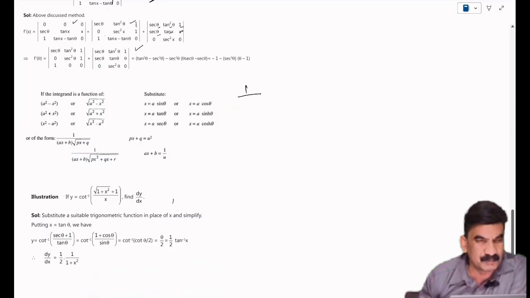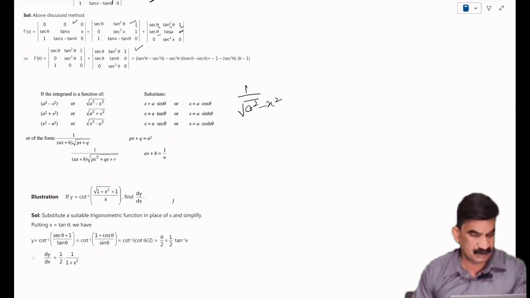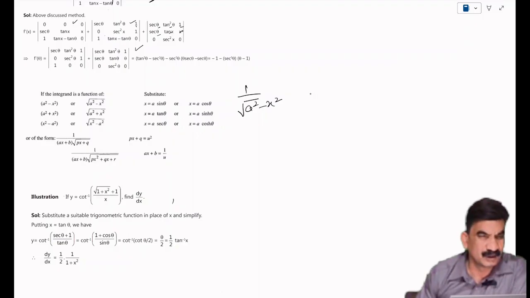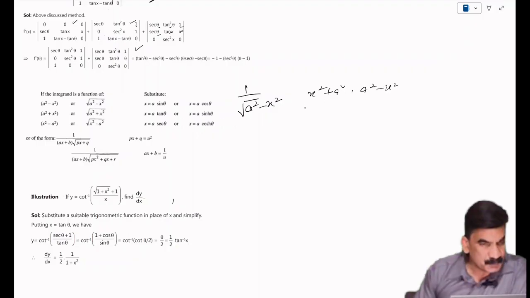One more substitution which is important: there are a lot of times that you will be asked, suppose, to differentiate a squared minus x squared, or x squared plus a squared, or a squared minus x squared. Substitution helps a lot. So whenever you have a squared minus x squared, substitute x equal to a sine theta.